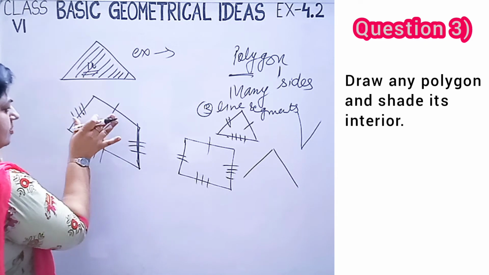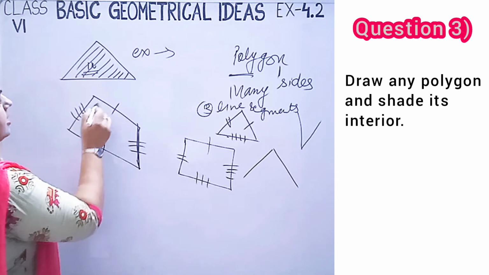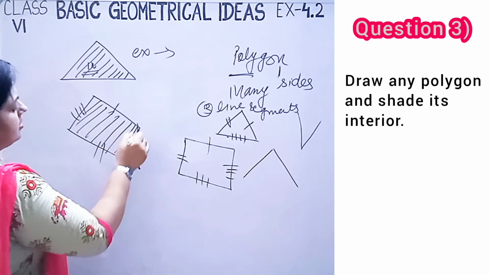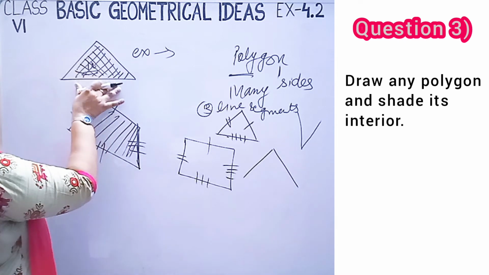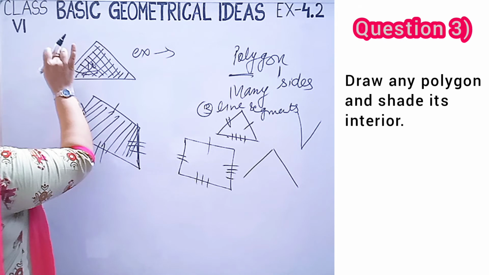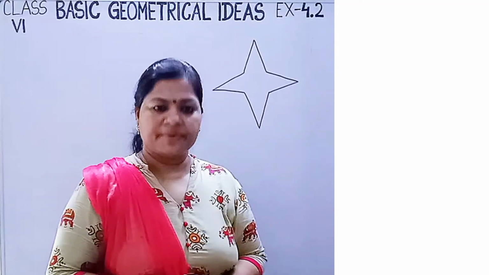So this is a polygon and we have to shade its interior. This is the interior, inside of the figure. So we have drawn one polygon here and also shaded the interior. This is our answer.